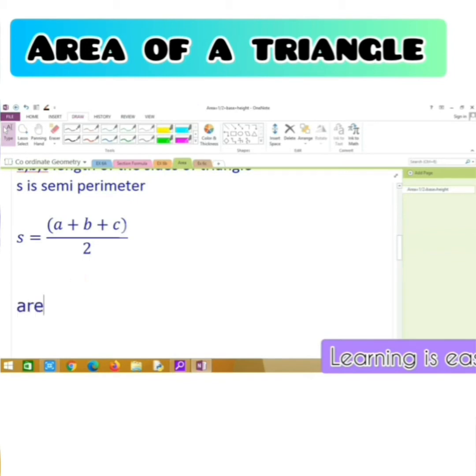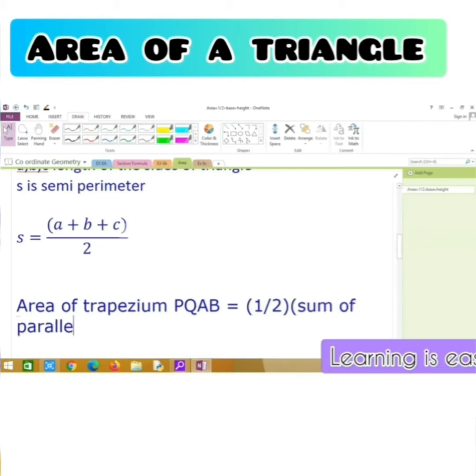X1 minus X2 is the distance between A and B. First we will calculate the area of trapezium PQAB, which is half into the sum of the parallel sides into the distance between those parallel sides.